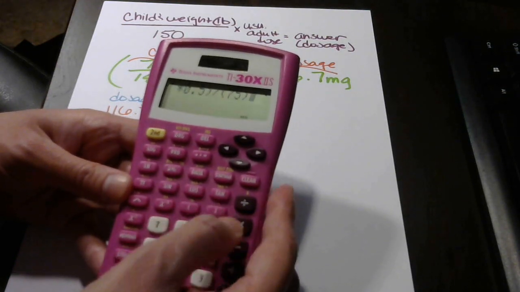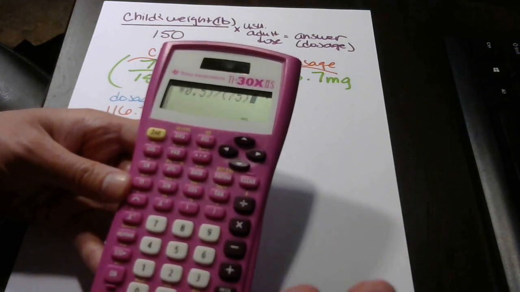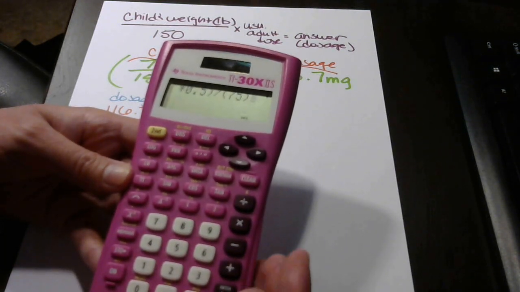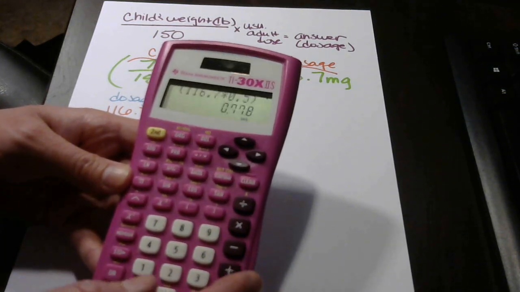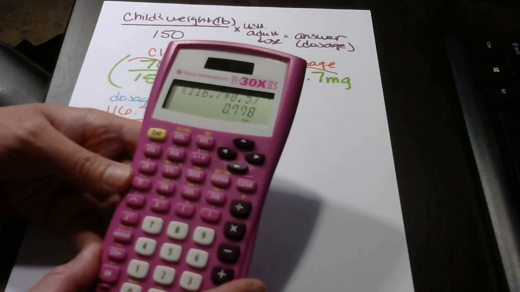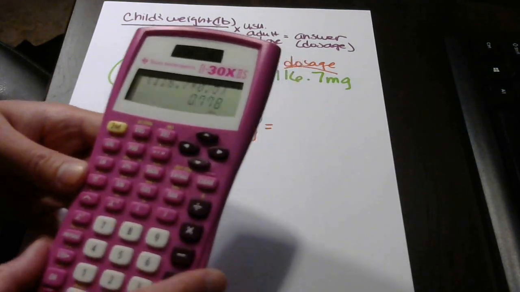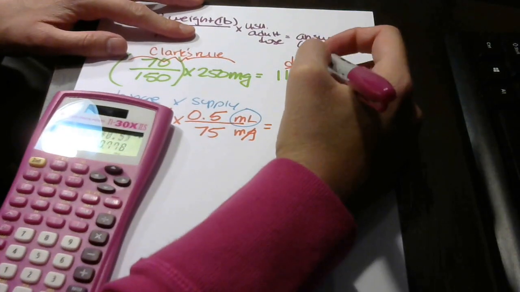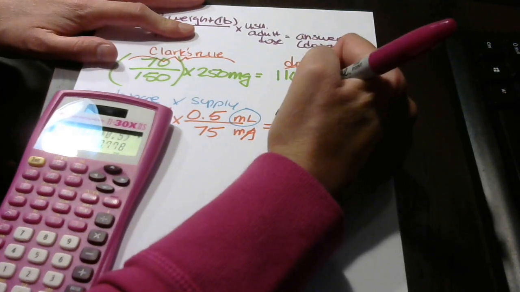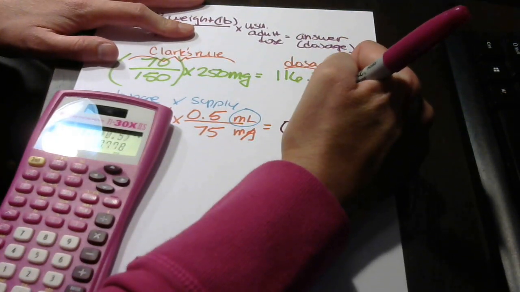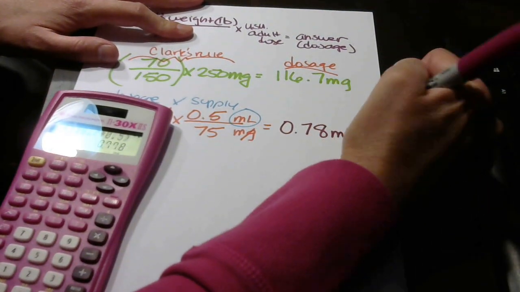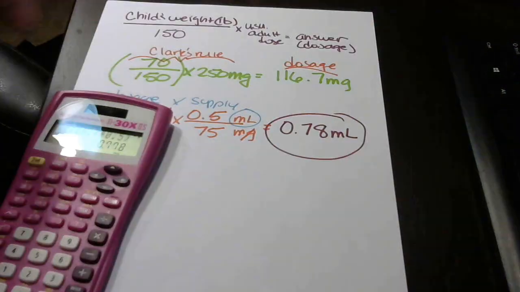And we don't need to worry about taking that times 1 because anything times 1 is just going to be the same answer. So 75 times 1 is always going to be 75. And that gives us our final answer of 0.778. In this case, because it's in milliliters, we want to take it to the hundredths place since it is less than 1. So our final answer would be 0.78 milliliters. And that is our final answer.